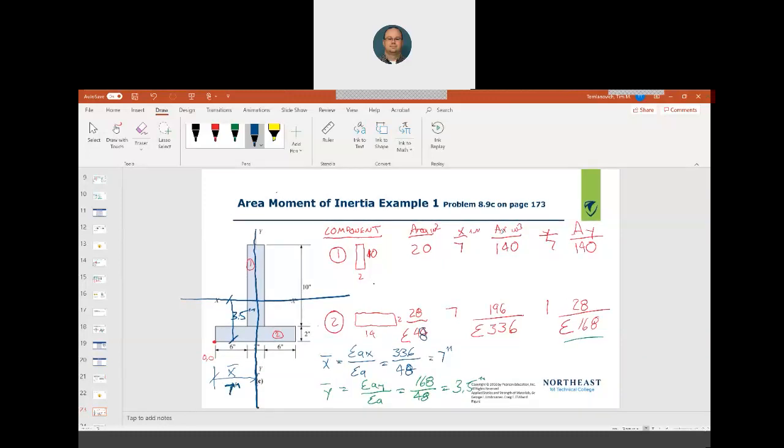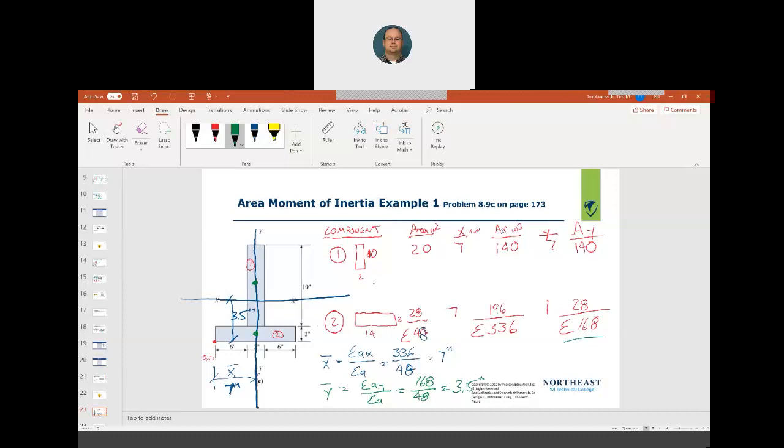All right, so now if we look at the individual component centroid, so this guy is 5 inches. So that's sitting right about there. Okay. And this guy is sitting right about there. Okay.